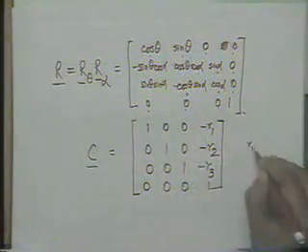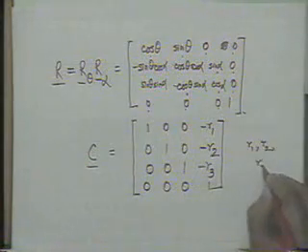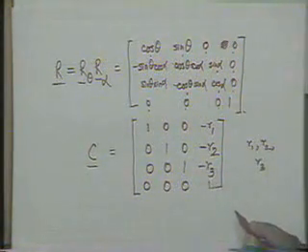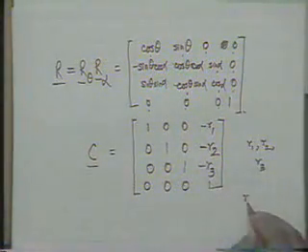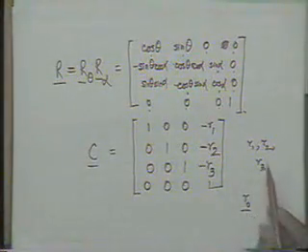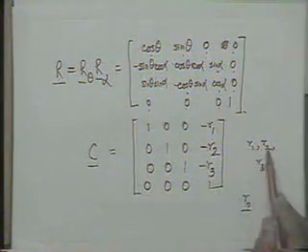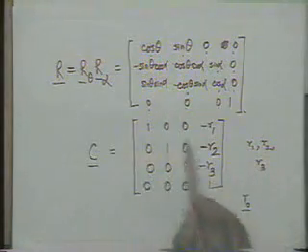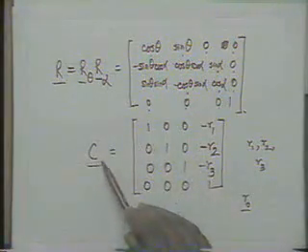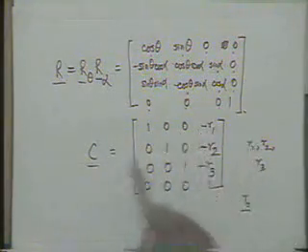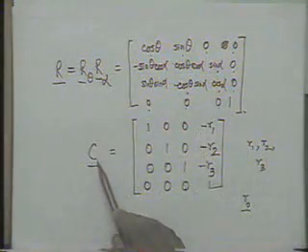I am assuming R1, R2 and R3 to be the components of the R naught vector. R naught was the vector which had defined these three elements, R1, R2 and R3. So my matrix C indicates that displacement.